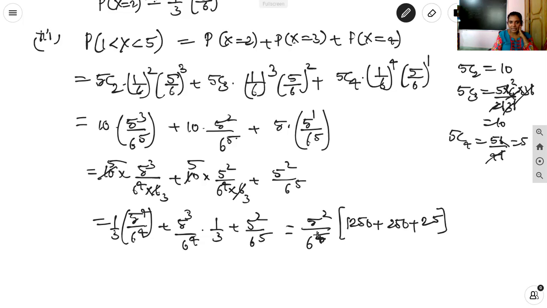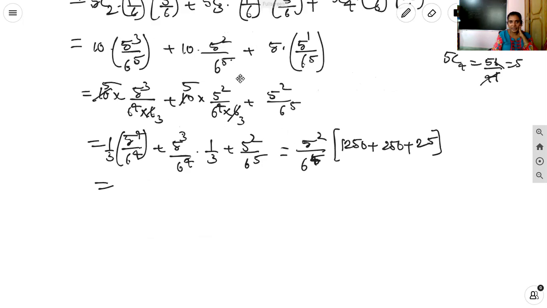For this calculation, there is no need to calculate this step. Directly we can take the LCM 6 power 5 and the minimum numerator term 5 square. So it is 1.